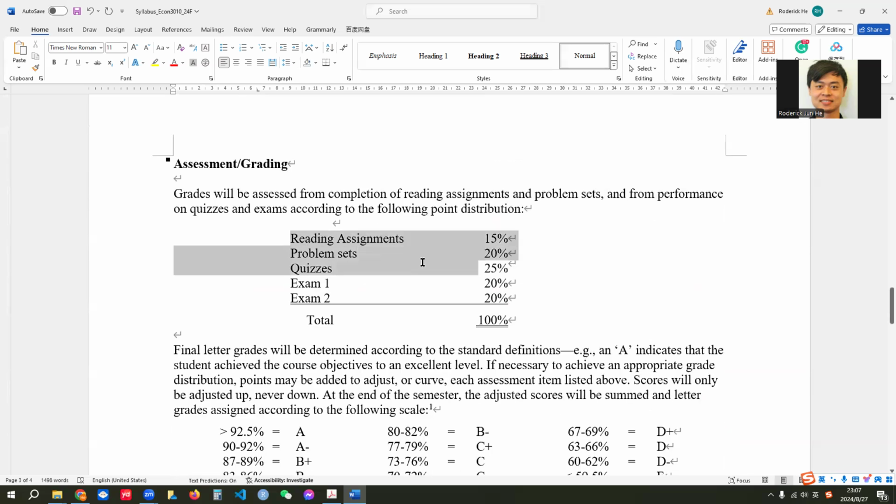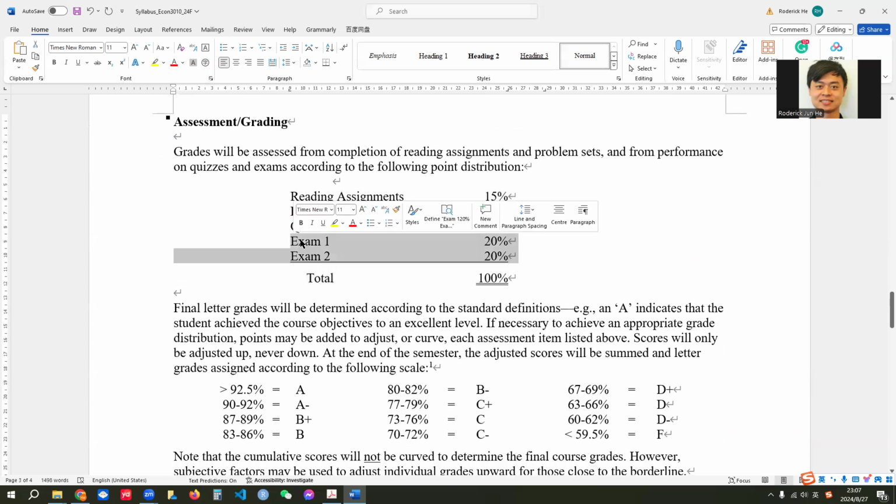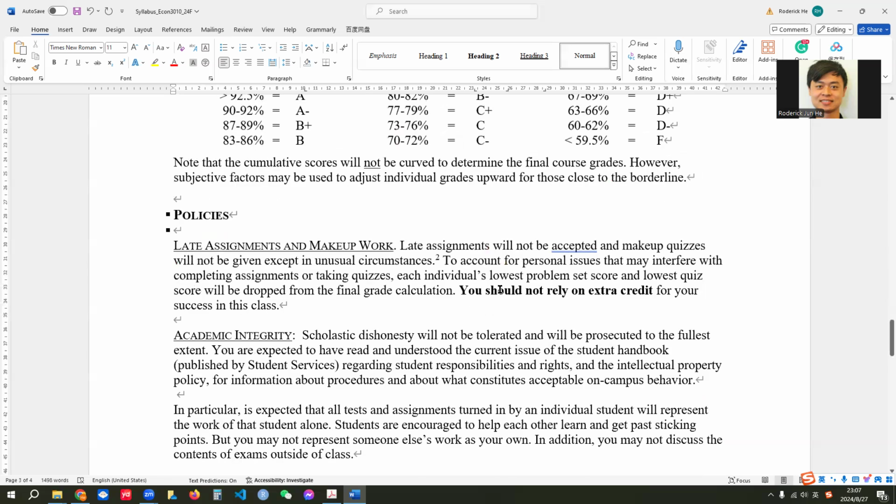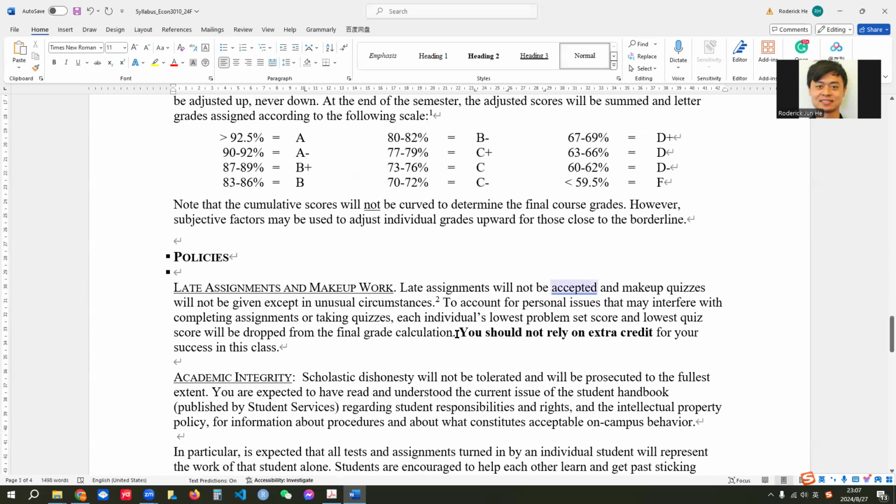We will have reading assignments, problem sets, and quizzes, and we will have 2 exams. I may give extra credit opportunities. I may curve the grade. I may accommodate late assignments, but don't rely on this.